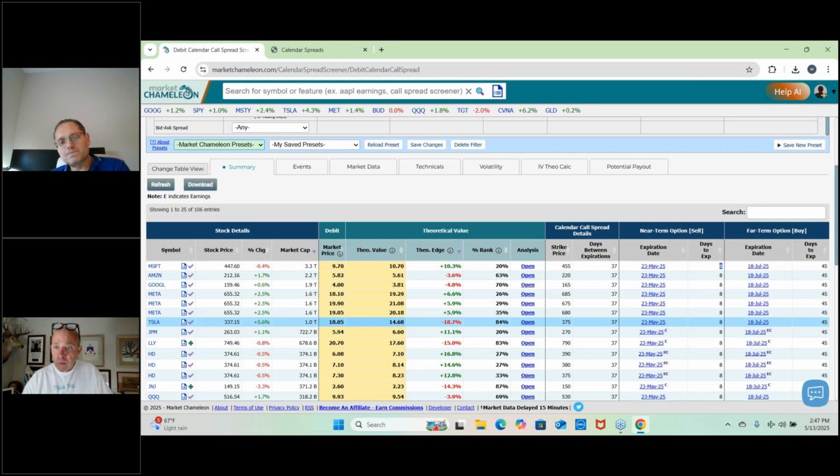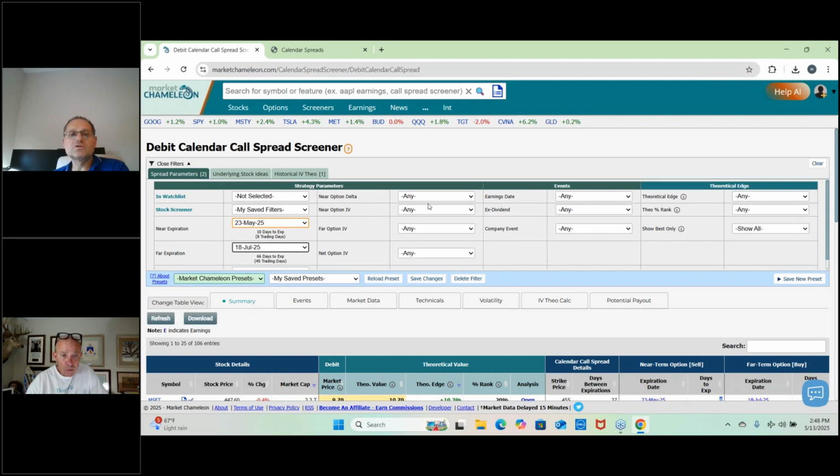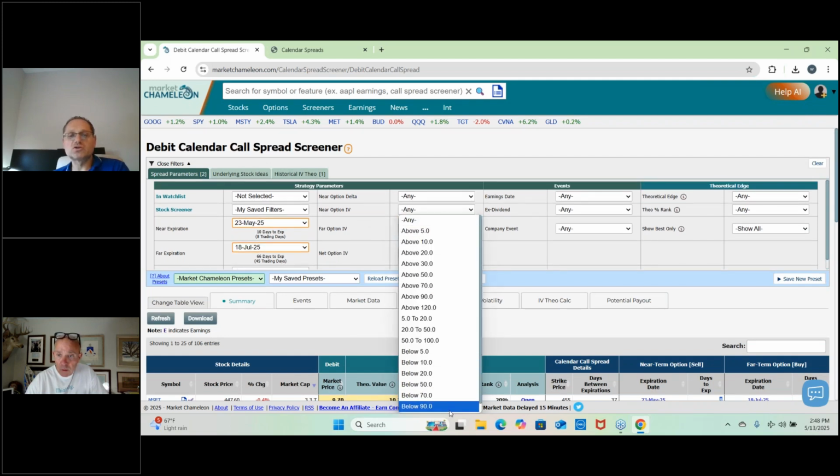So if you wanted to look for just high volume stocks or even high IV, you can change the IV here, like above a certain amount or below a certain amount.